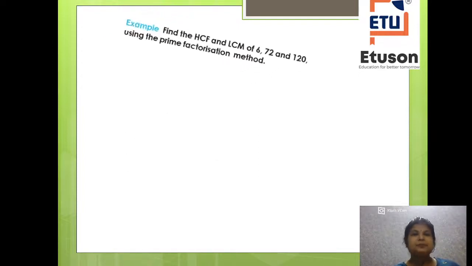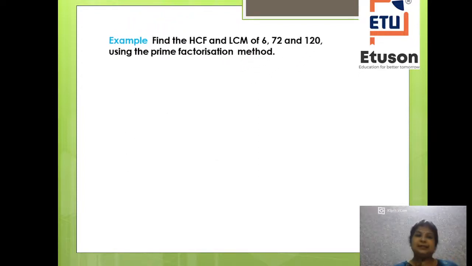Find the HCF and LCM of 6, 72 and 120 using the prime factorization method. So it's similar. So let us find out. So 6, I will write it as 2 into 3.